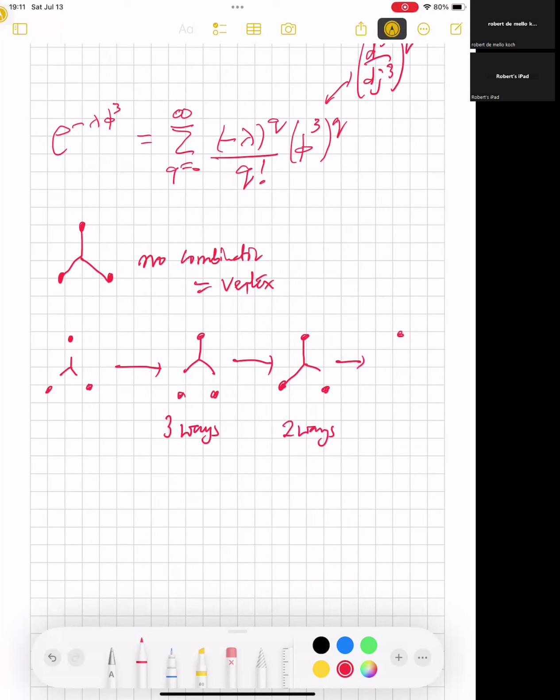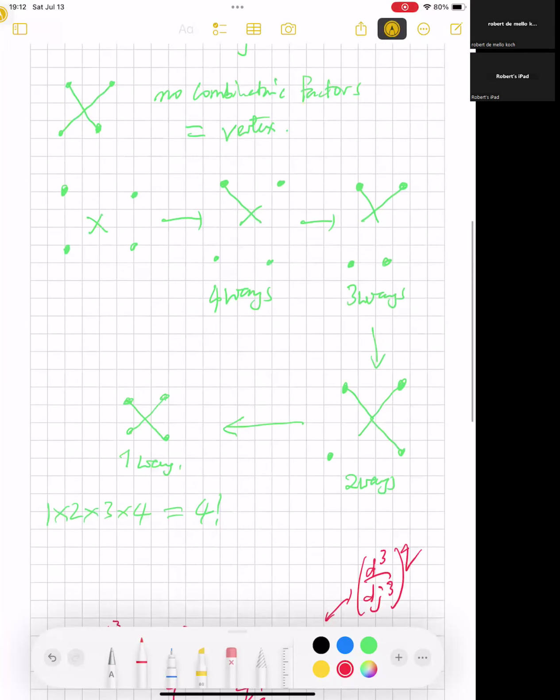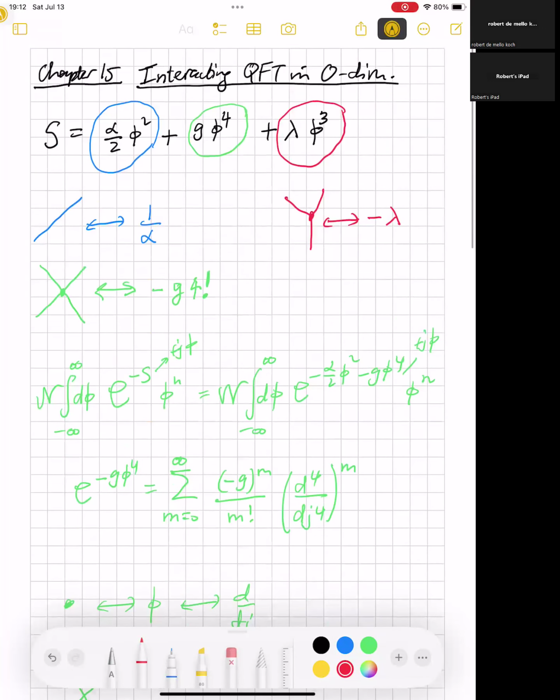And then finally, to make the last connection, there's only 1 way to do that. So what's the factor associated with this? Well, it's 3 times 2 times 1, which is 3 factorial. So for this vertex, you would take minus lambda times 3 factorial. So those are the Feynman rules that you would have.